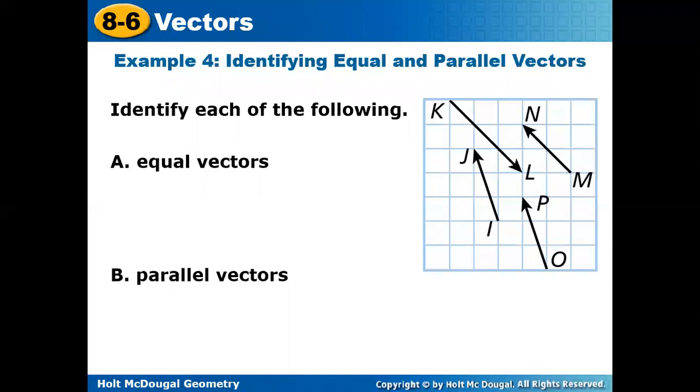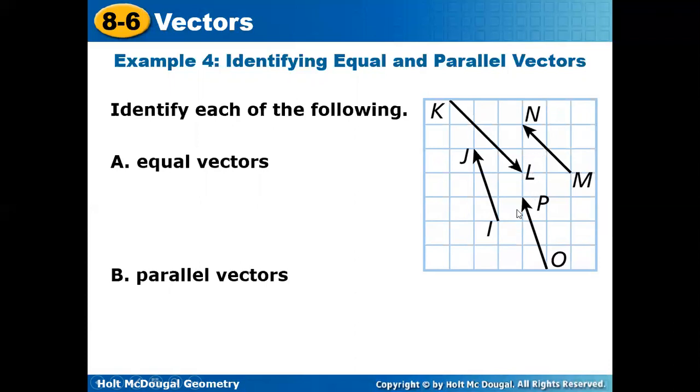Now let's see example 4, identifying equal and parallel vectors. Letter A, equal vectors. Where are the equal vectors here? We said equal vectors have the same magnitude and the same direction.